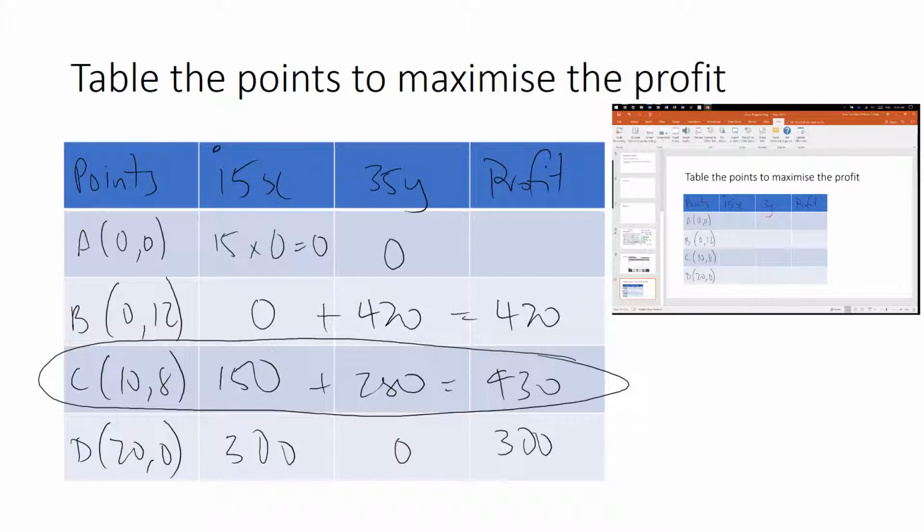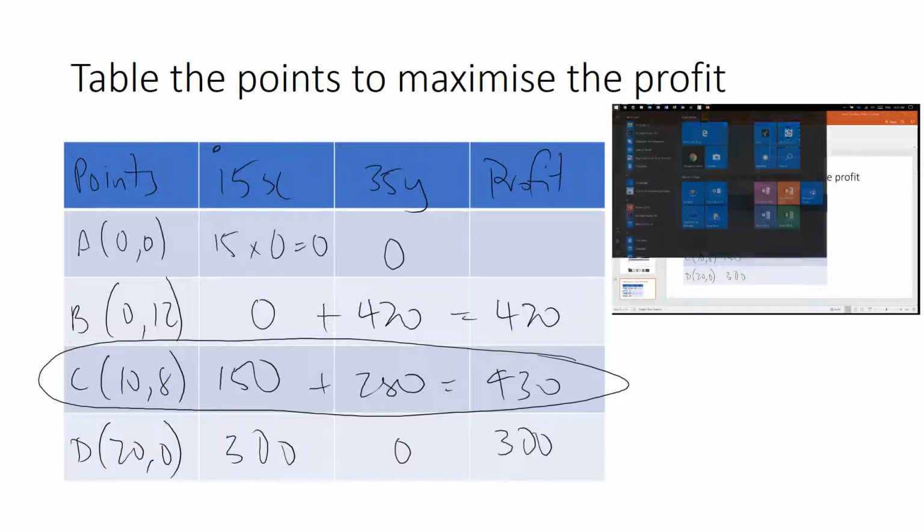So that is 15 times 0, which is 0. 15 times 10. 15 times 20 is... Should be 35 for Y. So that's 0. 35 times 12.